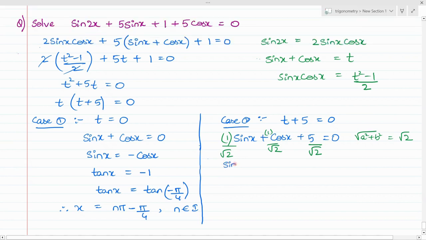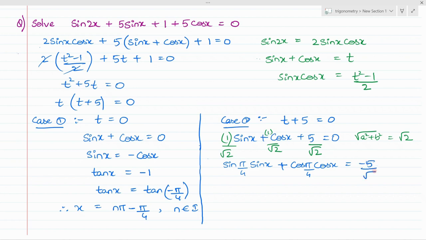So this becomes sin pi by 4 into sin x plus cos pi by 4 into cos x minus 5 by root 2. So it becomes cos of x minus pi by 4.